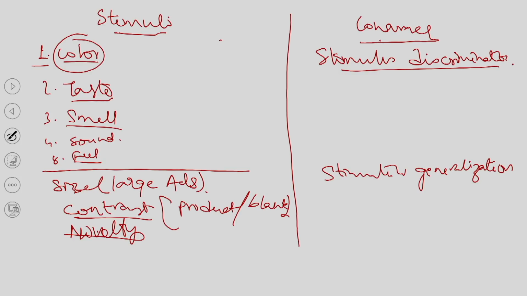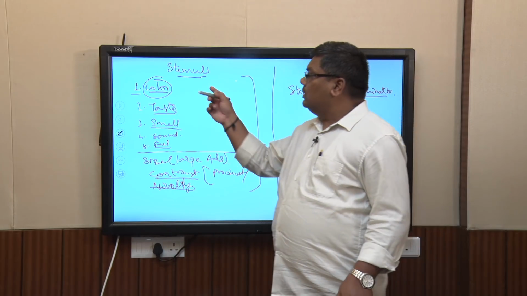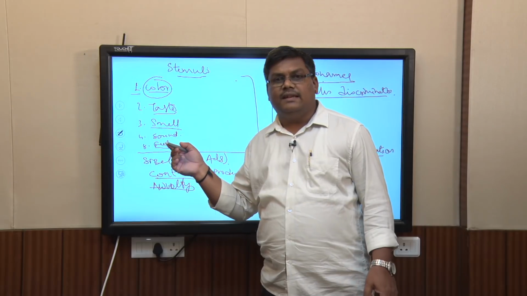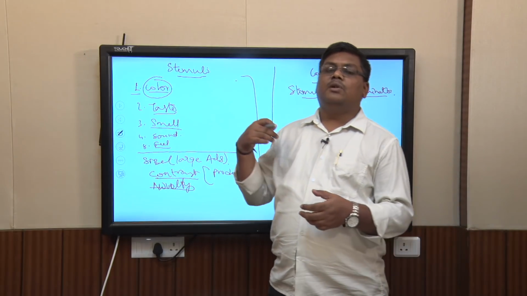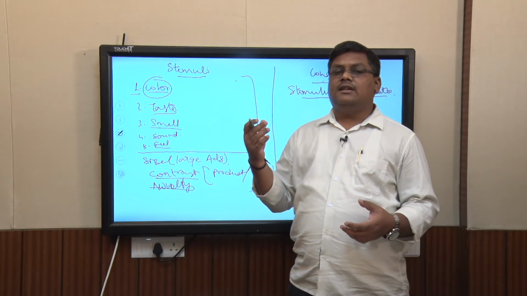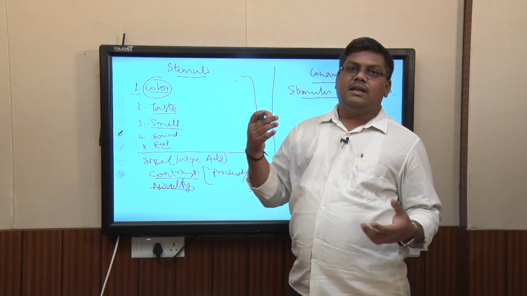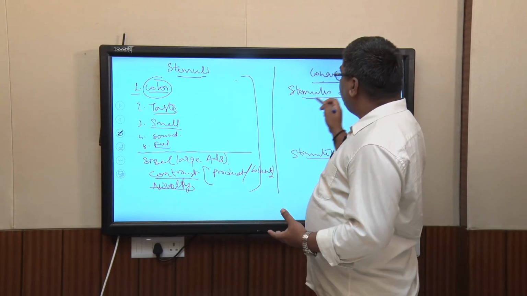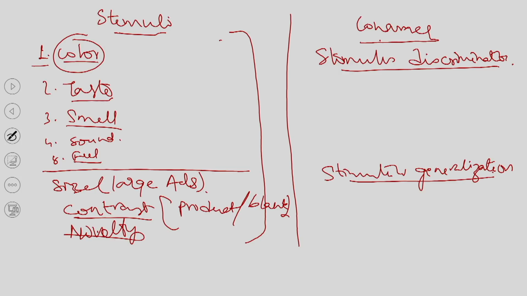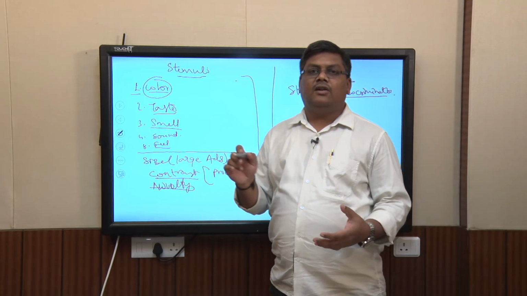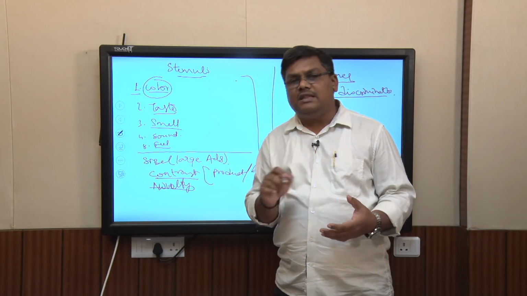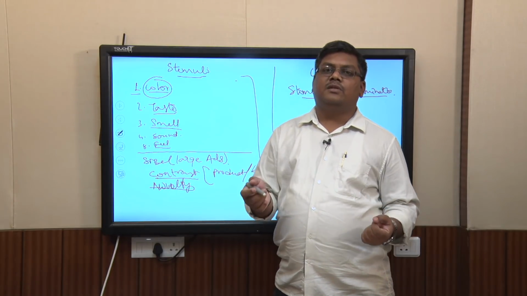These are the cues present in the stimulus itself which modulate consumer behavior or the consumer's response to the market, and these are the consumer related factors: how they interact with the product, how they perceive a product, which decides consumer response to the market.